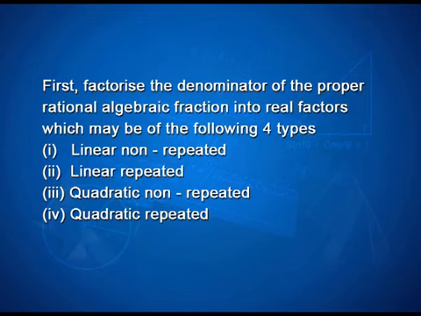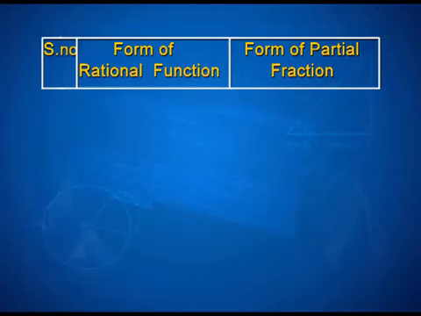The following table indicates the types of simpler partial fractions that are to be associated with various kinds of rational functions. Here we have a form of rational functions and their corresponding form of partial fractions.